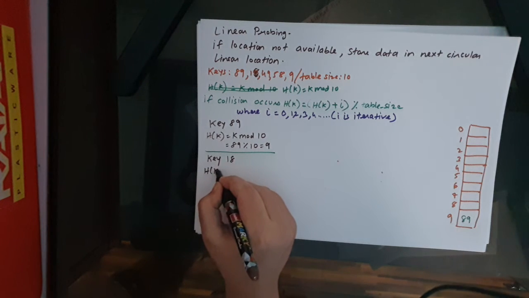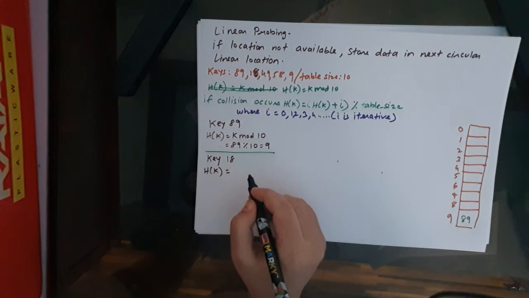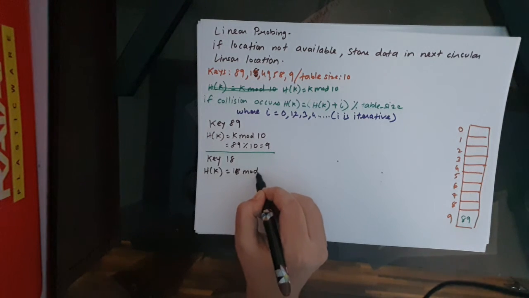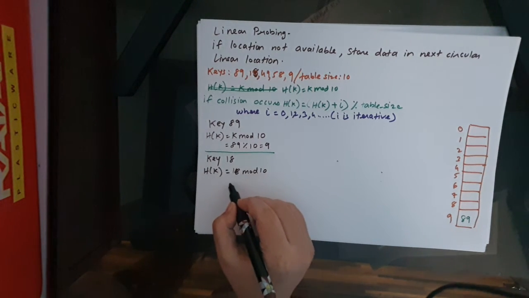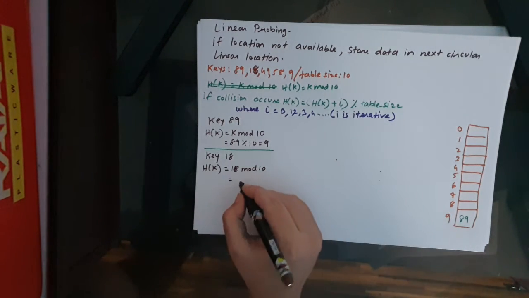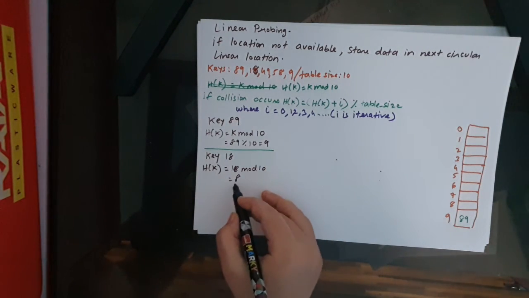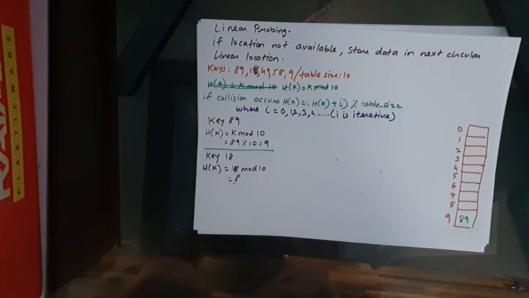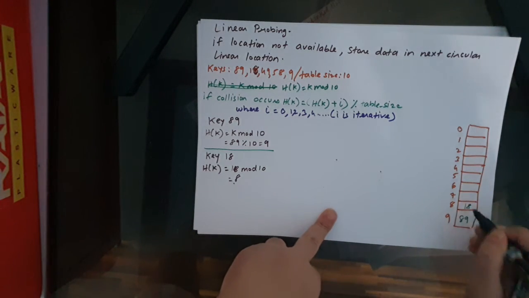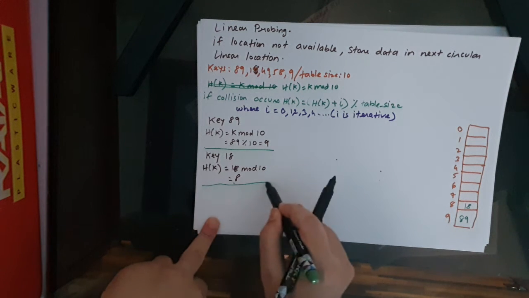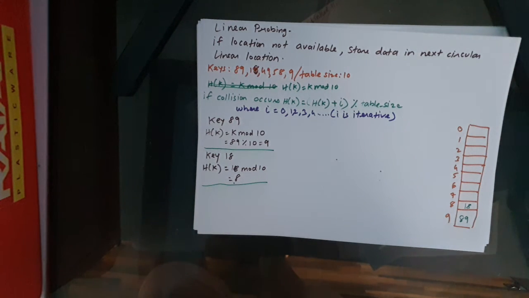So let's find the hash function for the same: 18 mod 10, which is 8. Is our 8th location available? It's empty, so we can store our 18 data right here. So let's store it. Our second value, 18, is done.